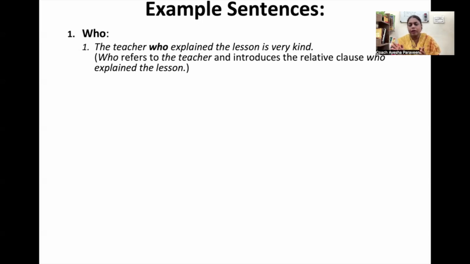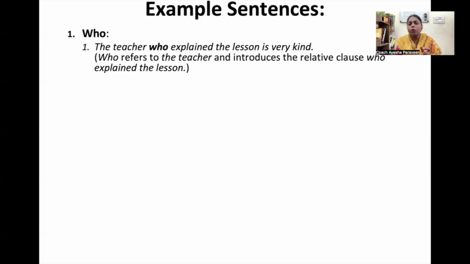It is not the main clause. You cannot get a complete understanding when you see only explained the lesson is very kind. You don't get the complete sense until and unless it is connected with the main clause, that is, the teacher who explained the lesson is very kind.